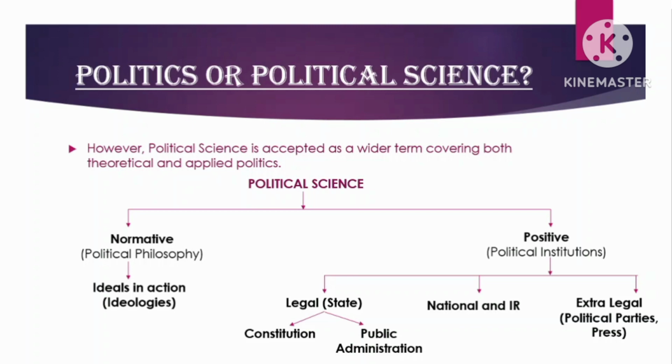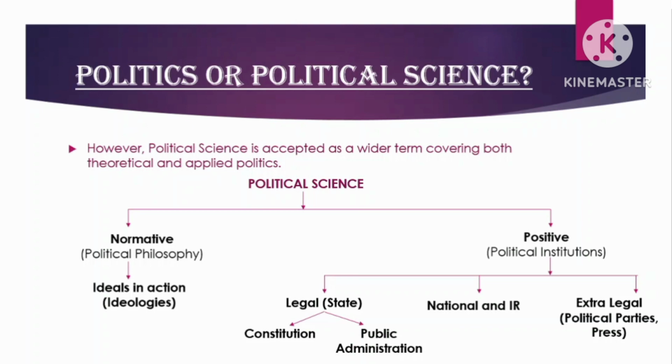Under the other aspect, we have the positive side, where we include the political institutions. That means the different institutions existing within the state as well as outside the state. These institutions are sometimes legal, the legal entity within a political system being the state, which also covers the constitution and public administration.